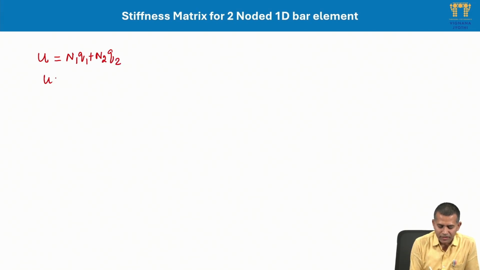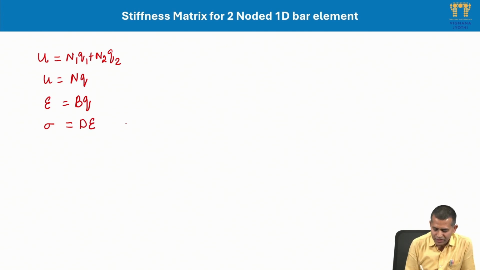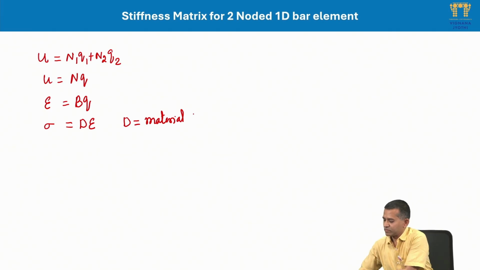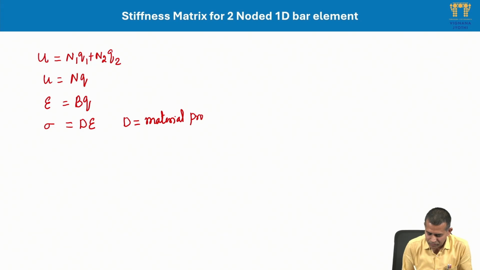So in essence I can write this displacement is equal to NQ, and we derived the strain, which is nothing but BQ, where B is the strain displacement matrix. We know the relation between stress and strain: stress is equal to D into epsilon, where D is the material property matrix.